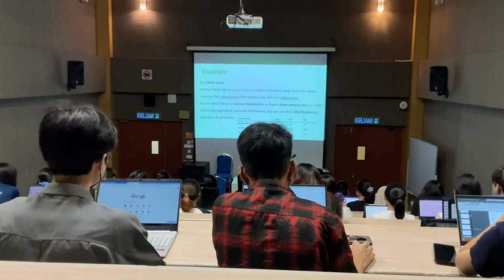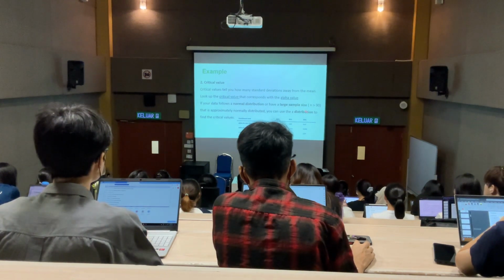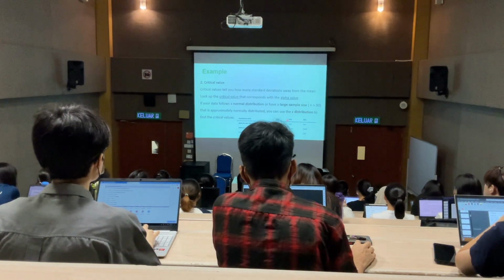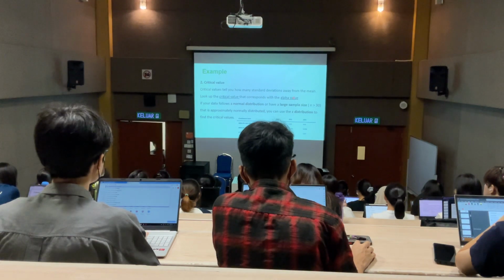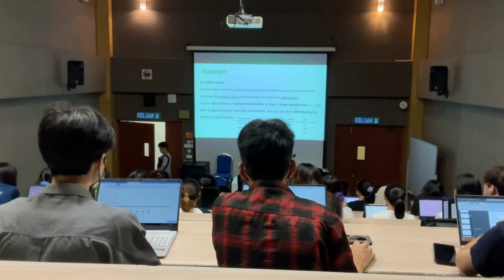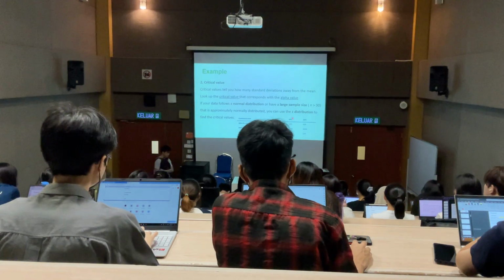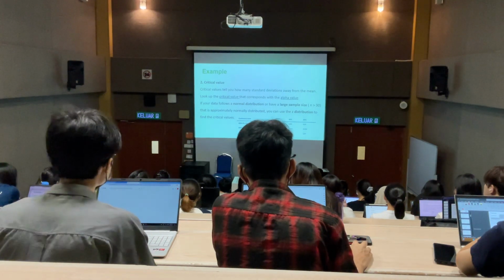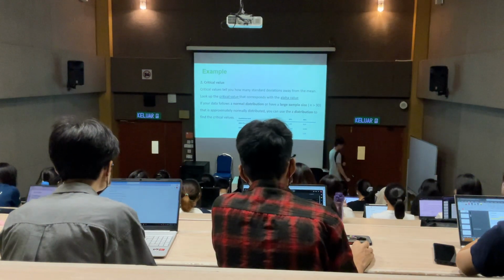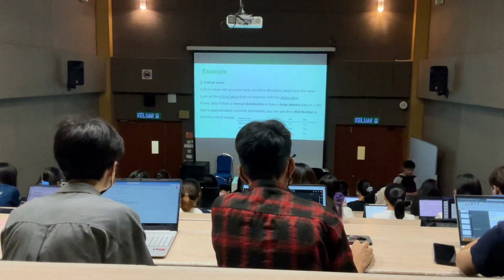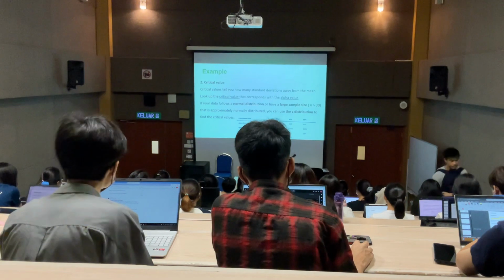So let's say for z-test, you know you are carrying out a z-test, and then you want to set your confidence level at, let's say, 95%. You want to have a confidence level of 95%. So your critical value will be 1.96. Always refer to this standard table.